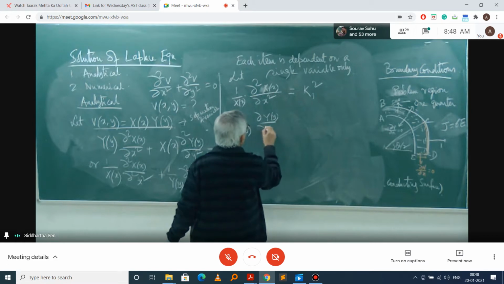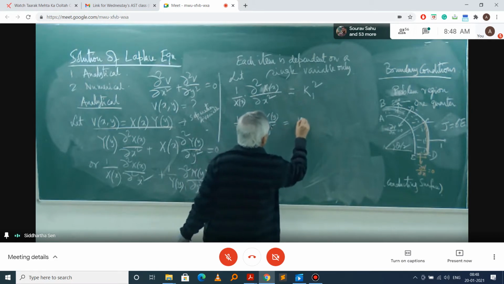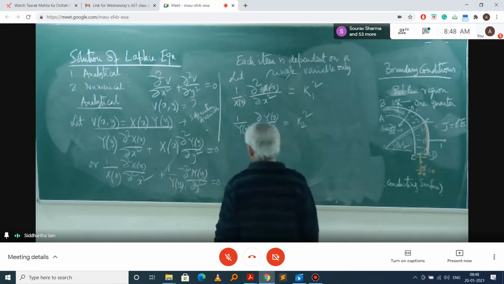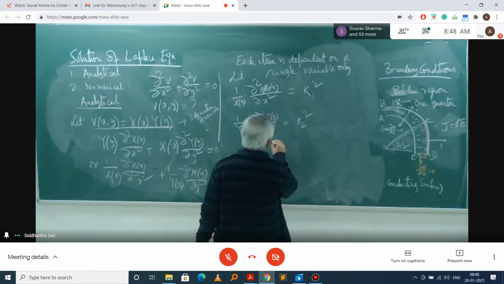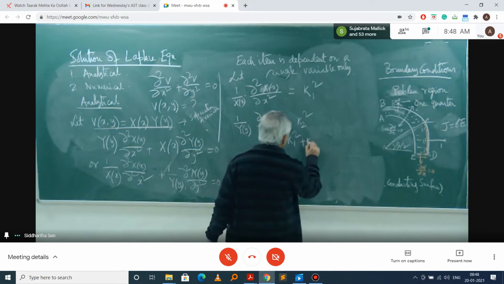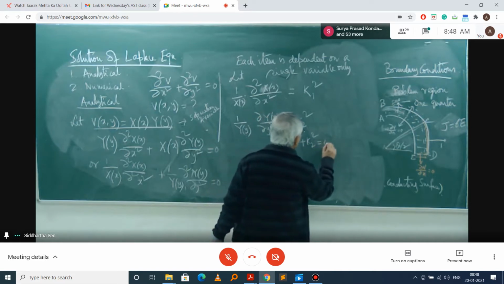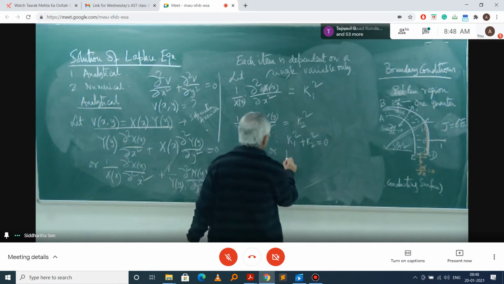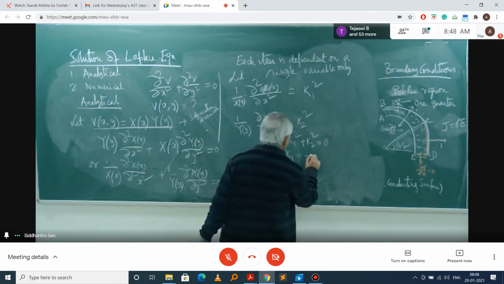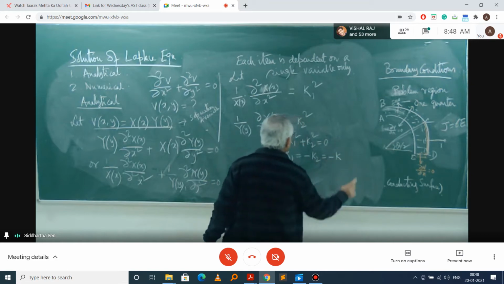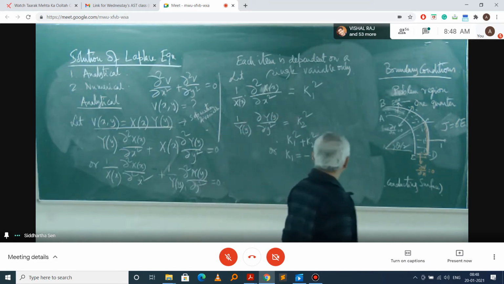From there we need to satisfy that k1 square plus k2 square is equal to 0. Or we can say simply k1 is equal to minus k2, say minus k. I just simply drop the suffix there.